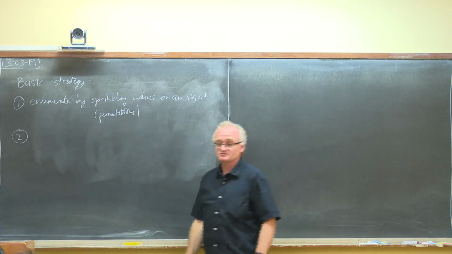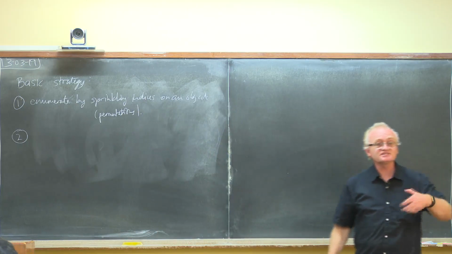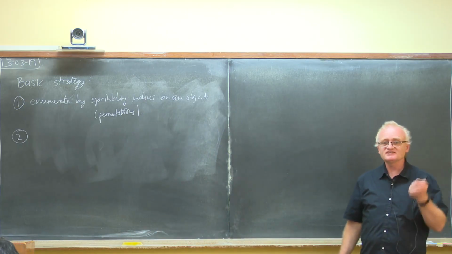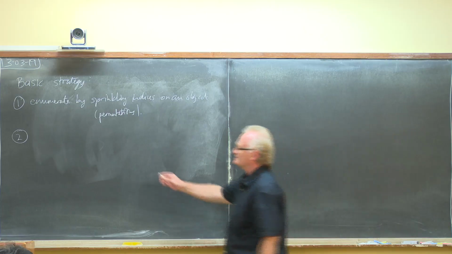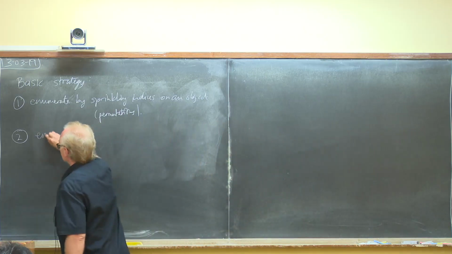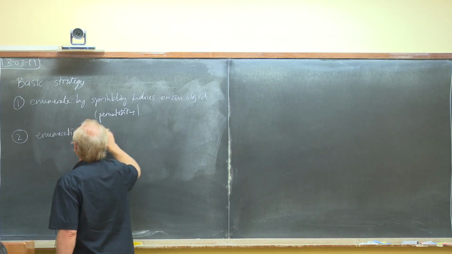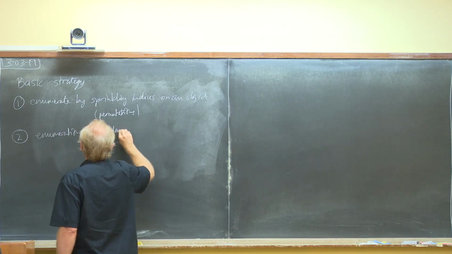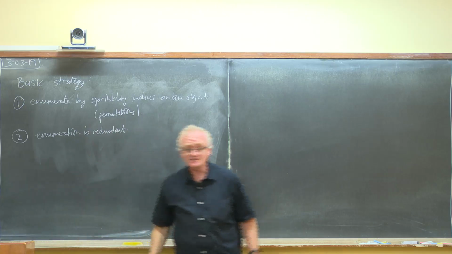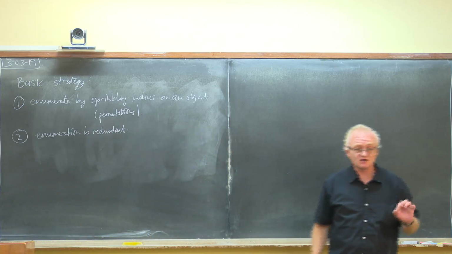Once you've solved that problem of enumerating, there's an interesting structure that you see. The structure that appears is that the enumeration is redundant. Not every permutation will correspond to a distinct object.